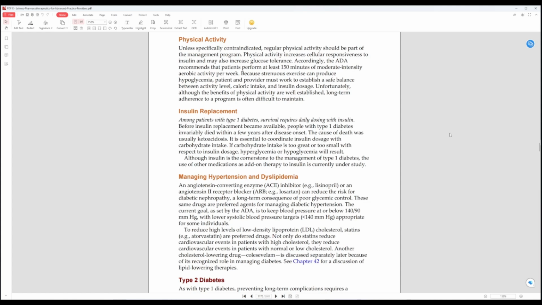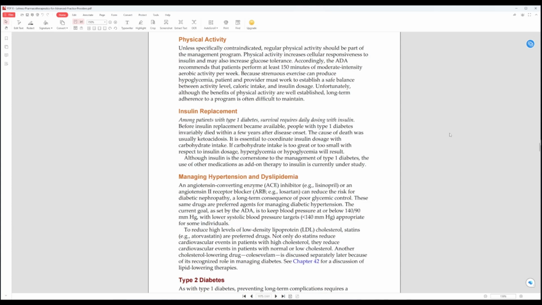Insulin replacement. Among patients with type 1 diabetes, survival requires daily dosing with insulin. Before insulin replacement became available, people with type 1 diabetes invariably died within a few years after disease onset. The cause of death was usually ketoacidosis.